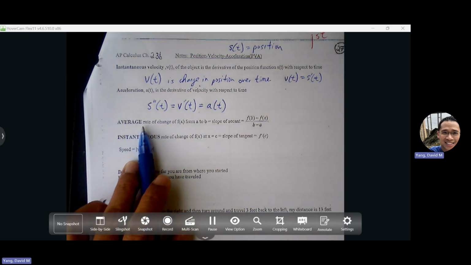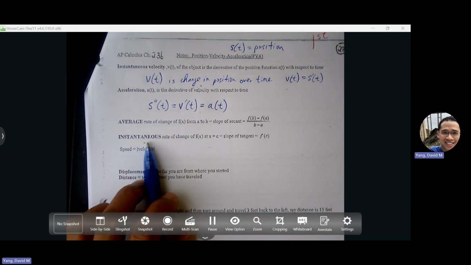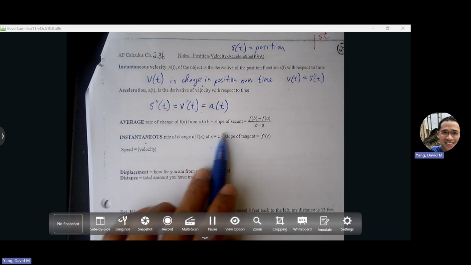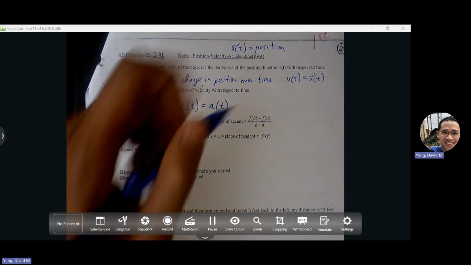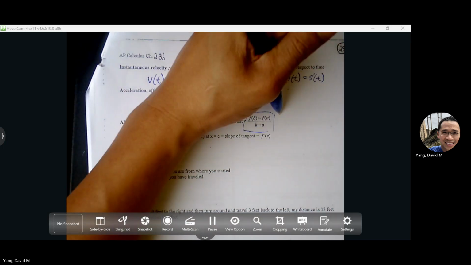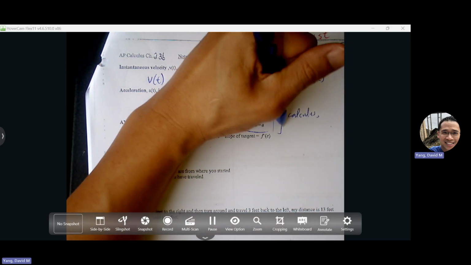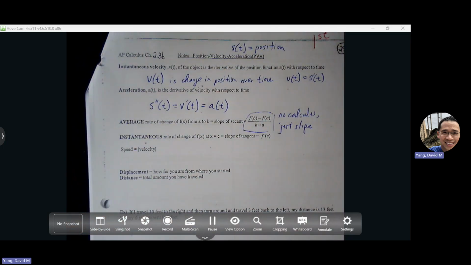There's average velocity or average rate of change and also instantaneous rate of change. If you see average rate of change, that means there's no calculus involved. It is just slope. And slope is just finding 2 points and doing change in y over change in x.